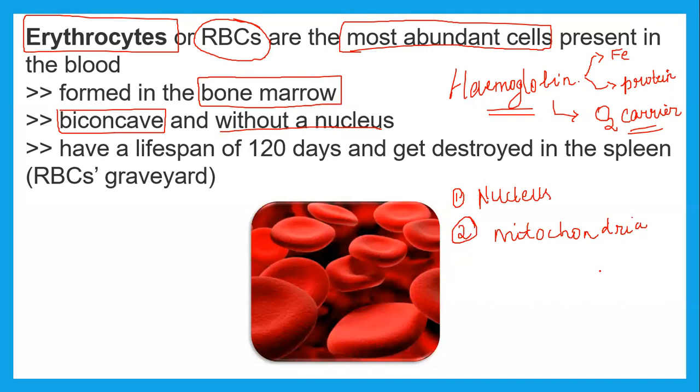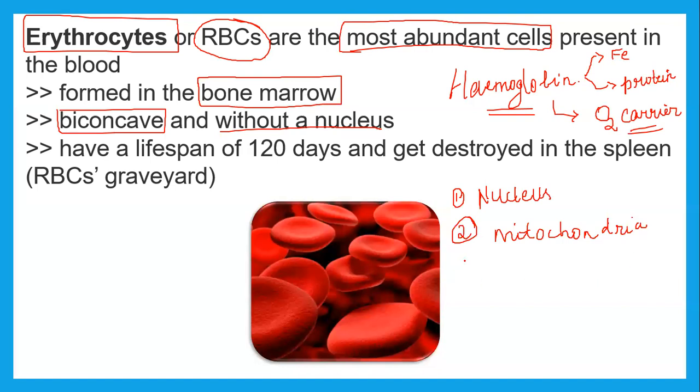So for the powerhouse of the cell, energy is required, and oxygen is required for cellular respiration. So if mitochondria is present, RBC will not be able to complete its function 100%. Why? Because mitochondria itself needs a large amount of oxygen for cellular respiration. So since mitochondria is absent, they can absorb most oxygen and can transport the whole oxygen absorbed by them to the respective sites.